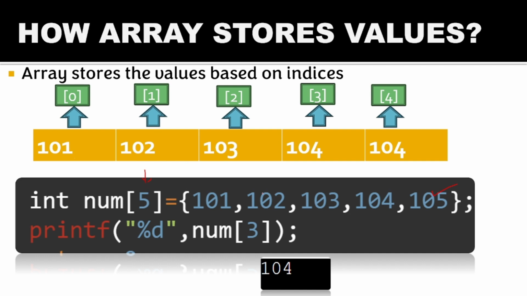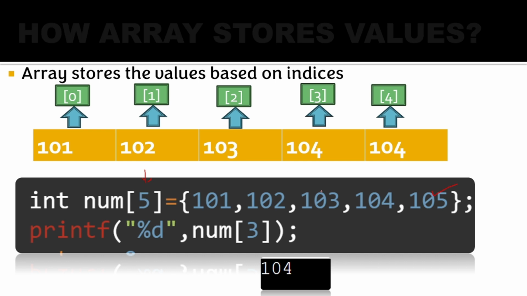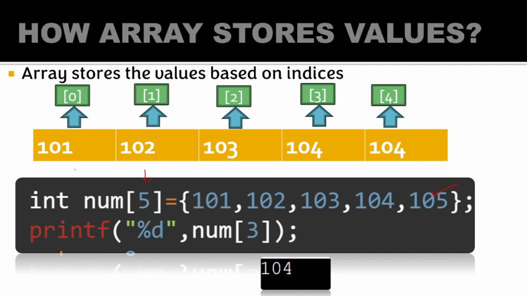At num[1], 102 will be stored. At num[2], 103 will be stored, likewise. So an array starts indexing from 0. These 5 values will be stored in the respective places: this at num[0], this at num[1], num[2], num[3], num[4].